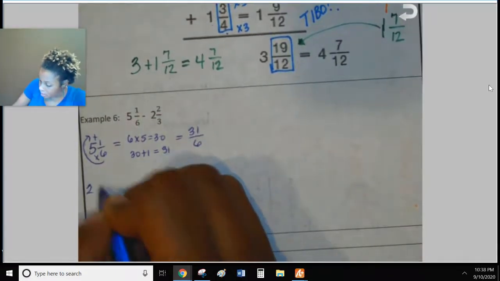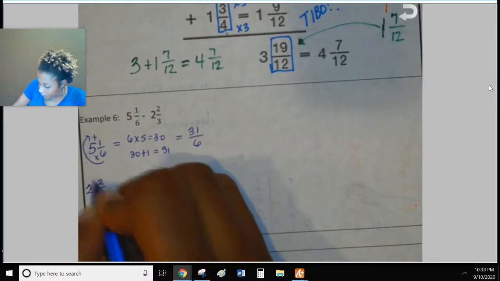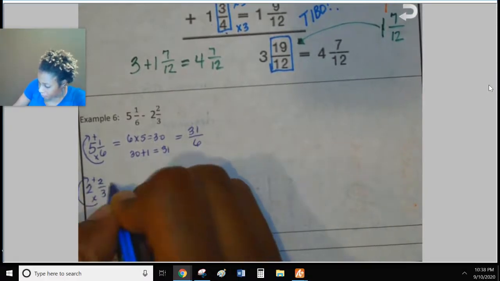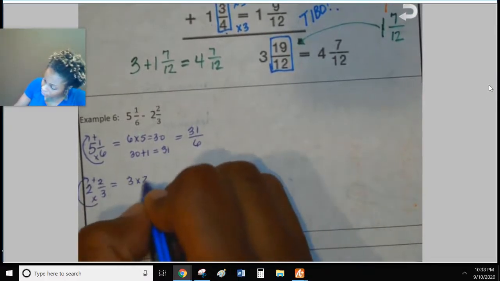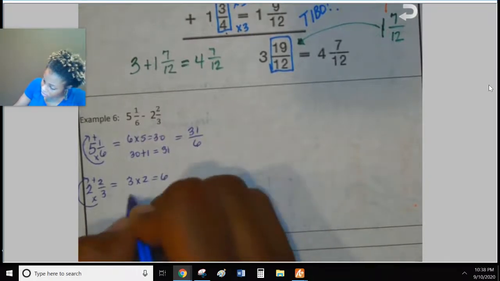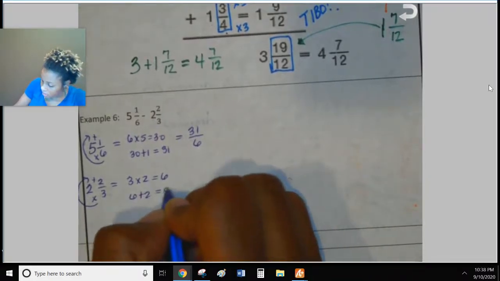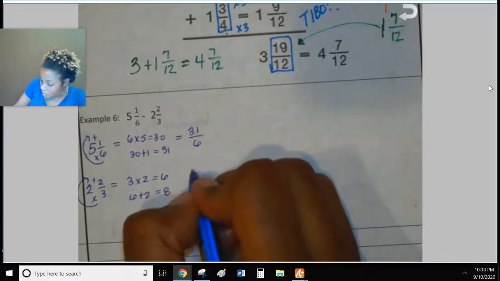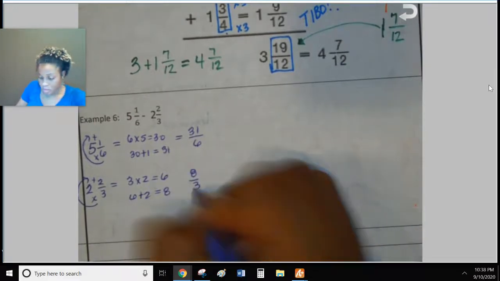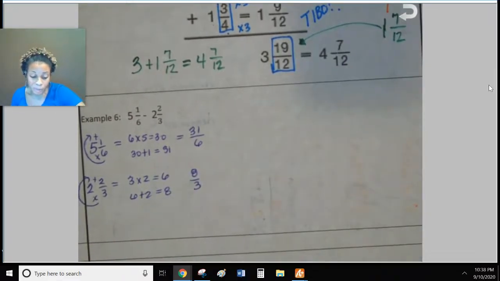2 2/3 is 3 times 2, which is 6. 6 plus 2 is 8. So this becomes 8/3. So then again, you notice that 6 and 3 don't have a common denominator.